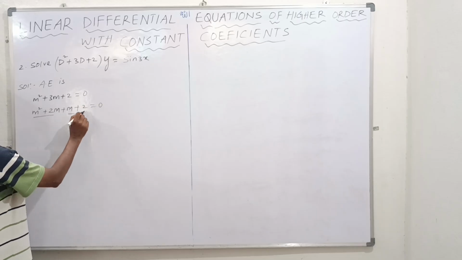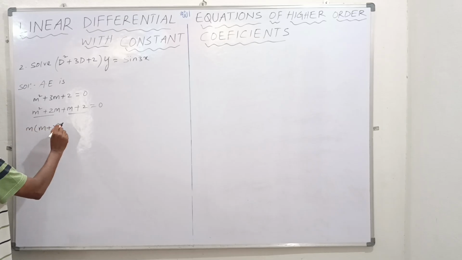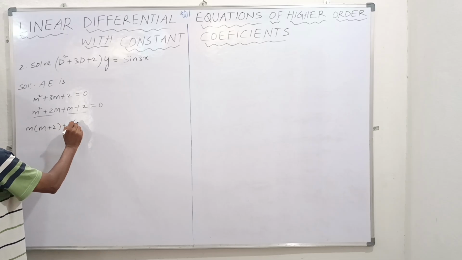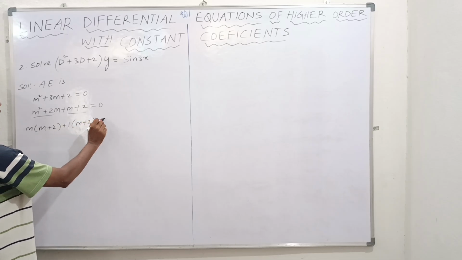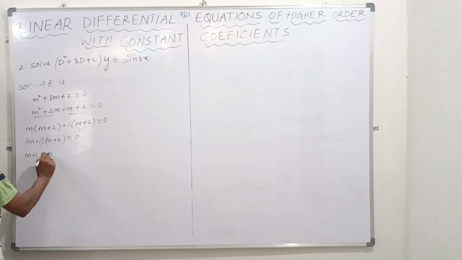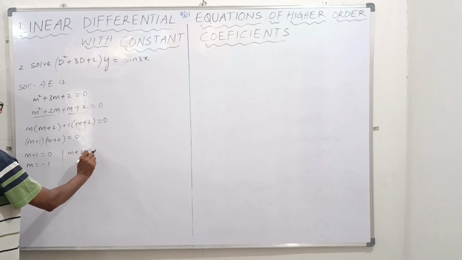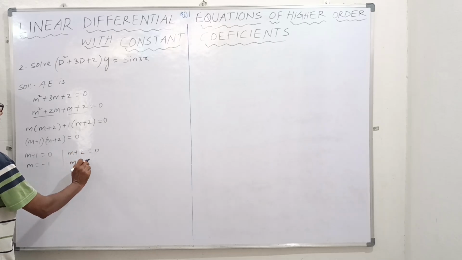So grouping, m into m plus 2 plus 1 into m plus 2 equals to 0. So m plus 1 into m plus 2 equals to 0. So therefore m plus 1 equals to 0, m is equals to minus 1. m plus 2 is equals to 0, m is equals to minus 2.